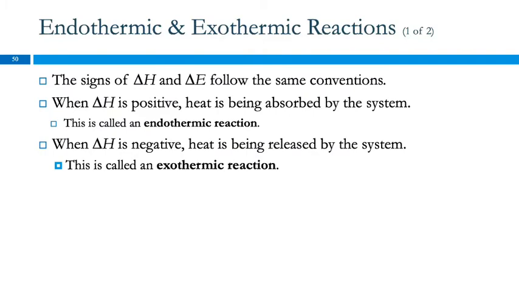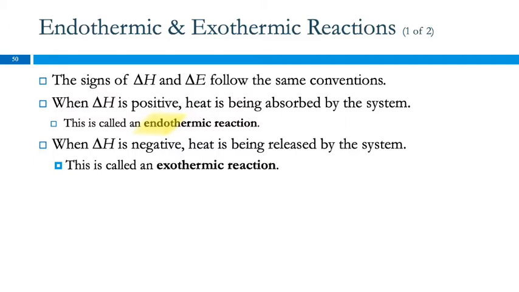So the signs for delta H and delta E follow the same conventions. If delta H is positive, heat's being absorbed by the system. Heat is coming into the system. This is endothermic. The prefix endo is kind of like into, right? If delta H is negative, heat's being released by the system. It's going away.